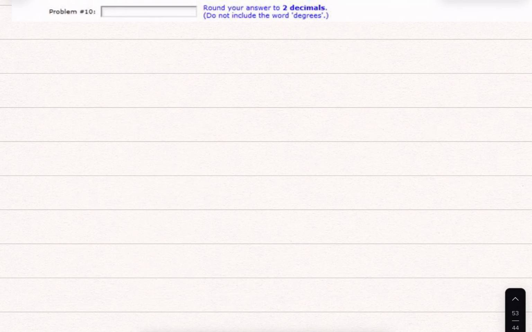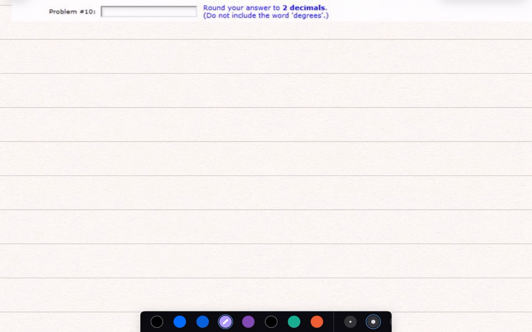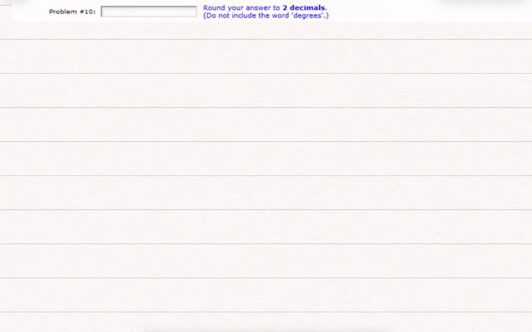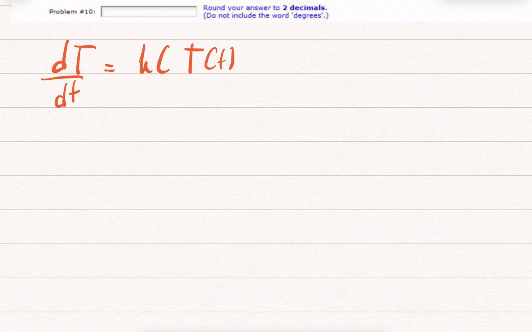We're going to finish this off with orange. For these questions, you must know this formula: dT/dt equals K times T, the temperature as a function of time, minus the constant temperature. This is the ambient temperature.